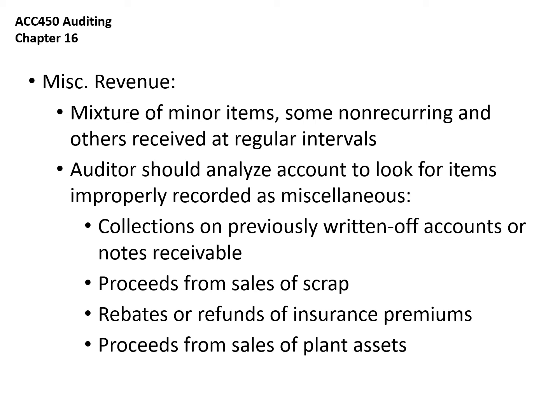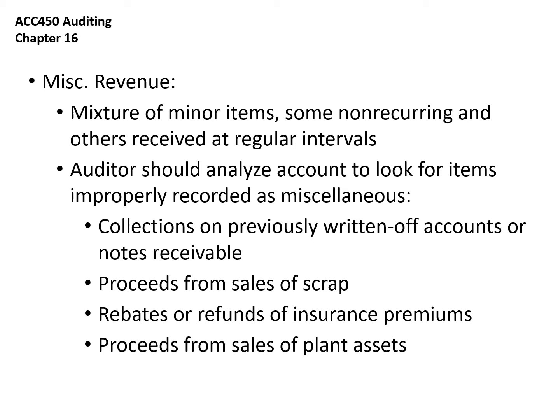So miscellaneous revenue, it's possible that it could contain some items that should have gone somewhere else. What often happens is cash comes into a business, the bookkeeper doesn't know how to categorize it, and so they plug it to miscellaneous revenue, because they're going to debit cash, they have to credit something, so they may as well credit miscellaneous revenue.